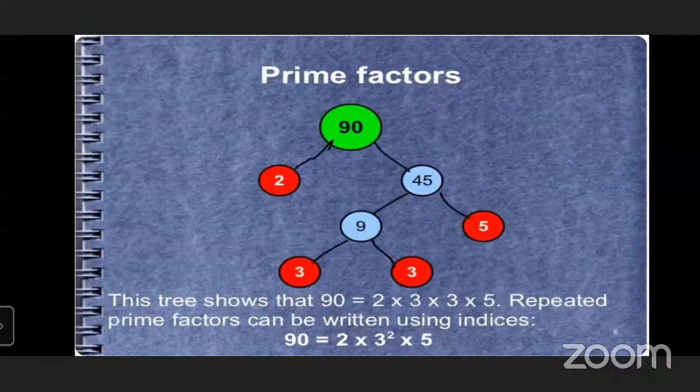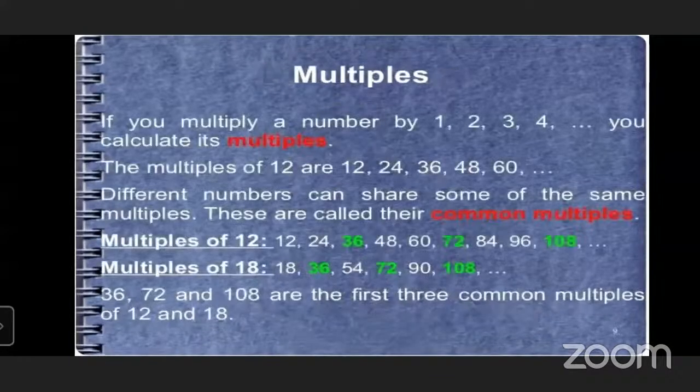Repeated prime factors can be written using indices. If there is repetition in factors, you can use indices. Now, multiples. What are multiples?